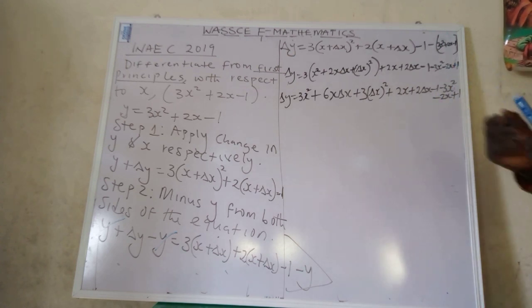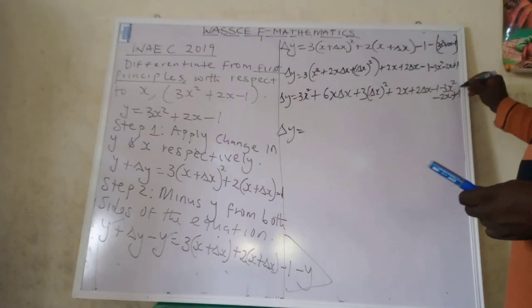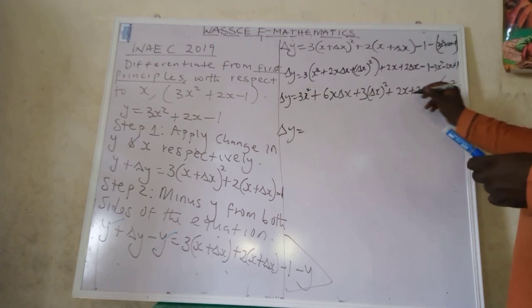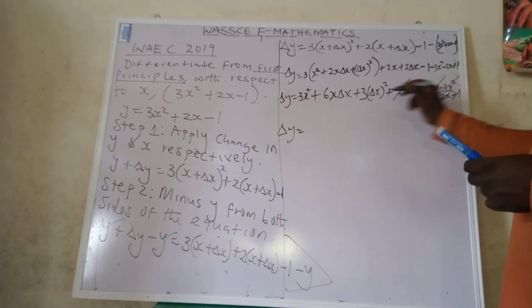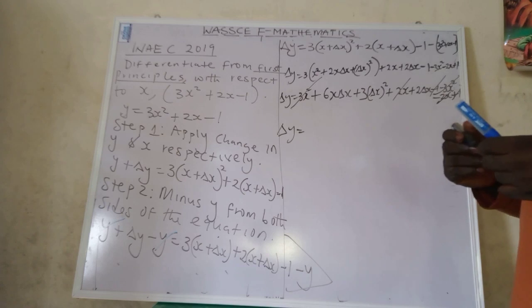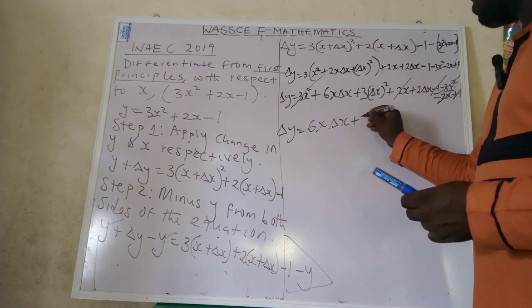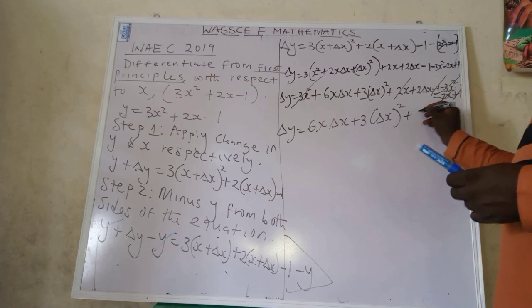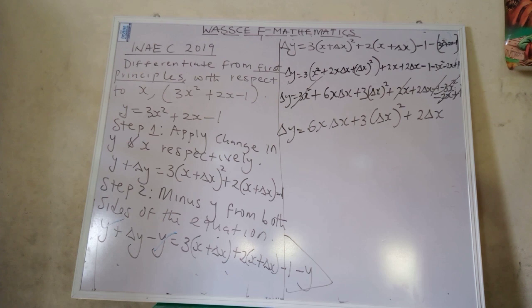So there are things we need to cancel out quickly. And so we have minus 1 plus 1, it will go. Minus 2x plus 2x, it will go. Minus 3x squared plus 3x squared, it will go. So we are left with that, that's all we are left with. I'm sure that's clear enough, right?